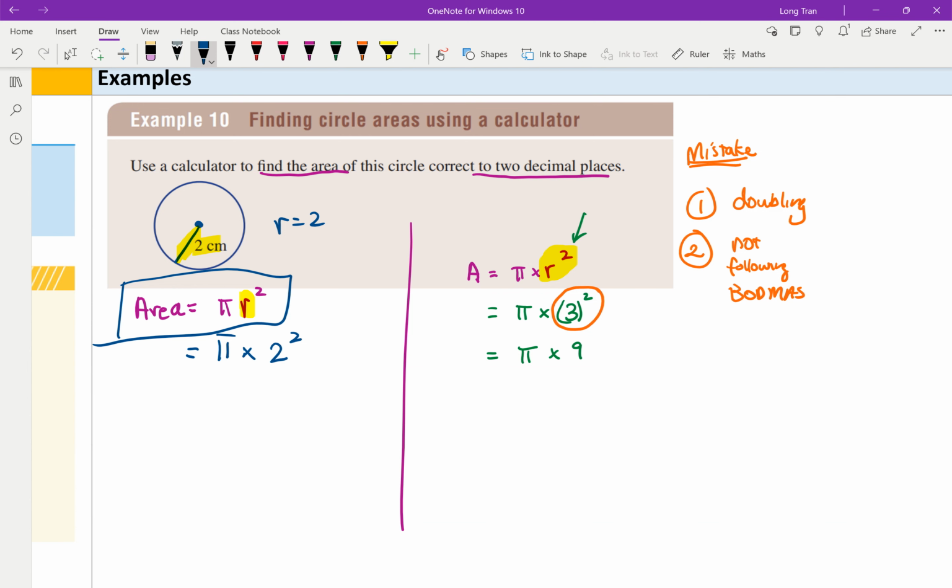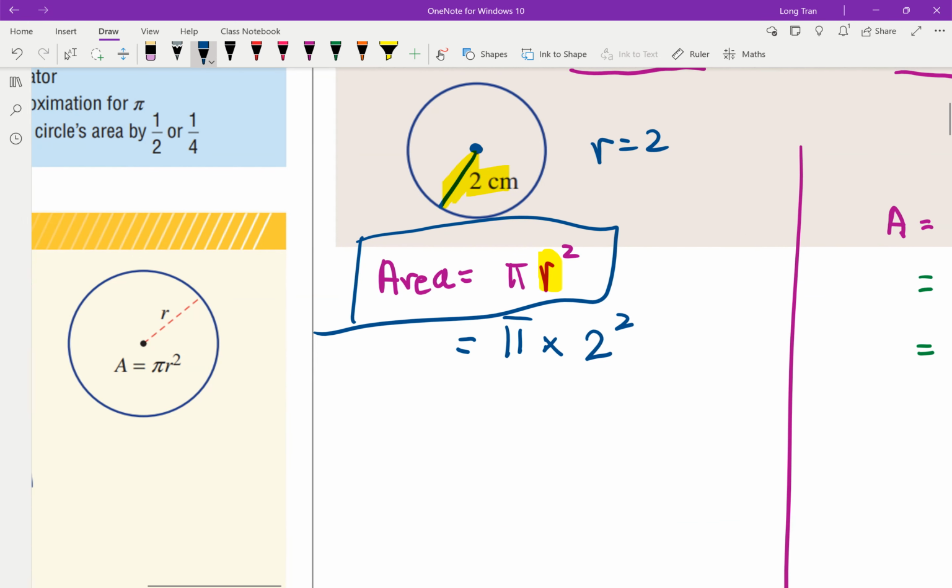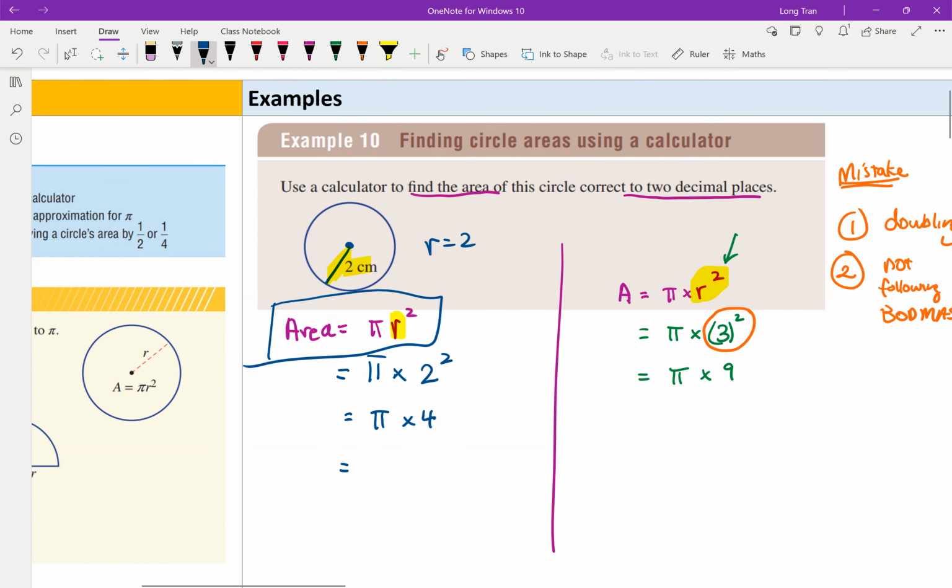Okay? So, here we go. Back to this one again. We've got pi times 2 squared. 2 squared is 4. And on your calculator, I do want you to have a separate scientific calculator. Don't use the Google one, because you have to get used to using a handheld one, especially as you're building your calculator skills for the senior levels.